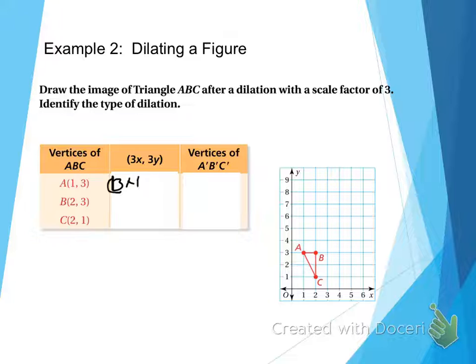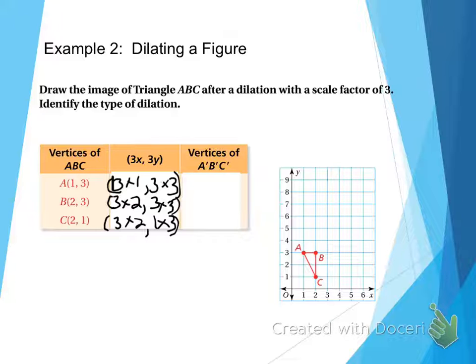So I've just got, put it on the right setting, 3 times 1 and 3 times 3, and then this one would be 3 times 2, and this is 3 times 3, and then C here would be 3 times 2 and 1 times 3.